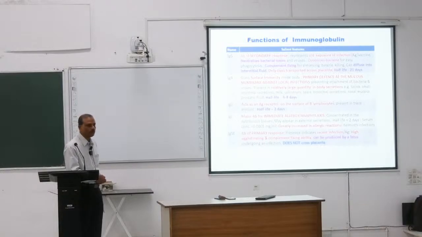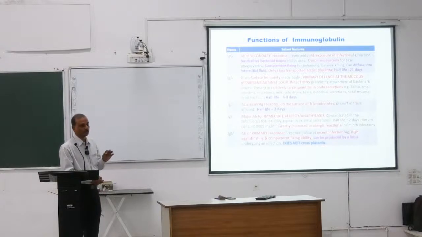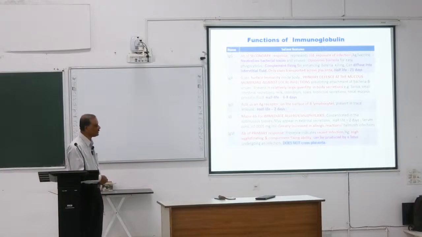And as I told you, because it can combine 10 antigens at a time, this is a very good agglutinating antibody, and it is also a complement fixing antibody. It can be produced by a fetus. That is another important point, because if a fetus is exposed to infection, it can mount a response by producing IgM. Being of very large molecular size, it cannot cross the placenta.